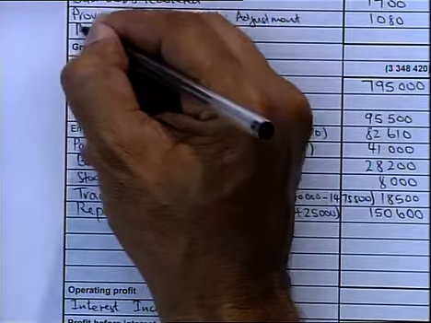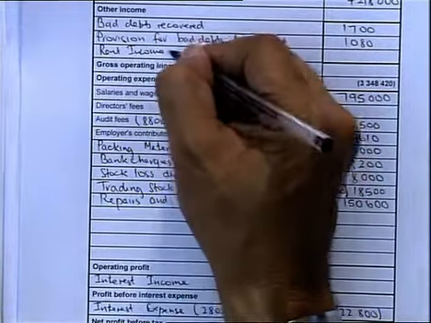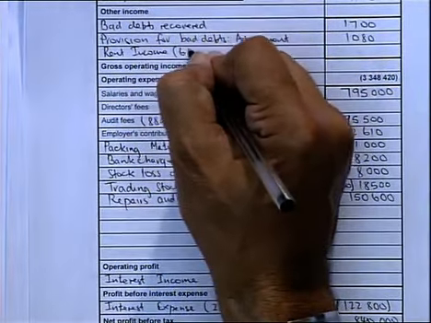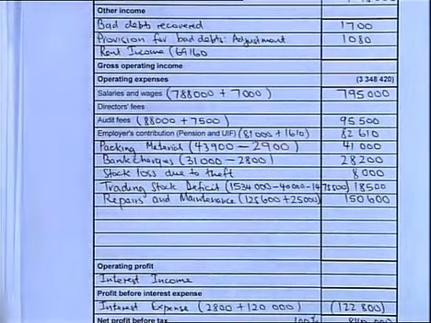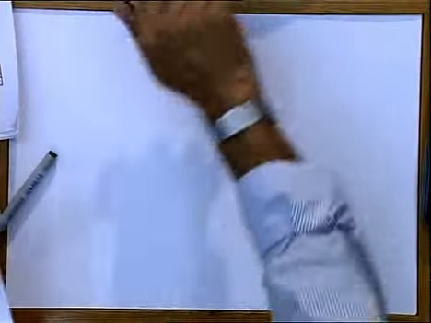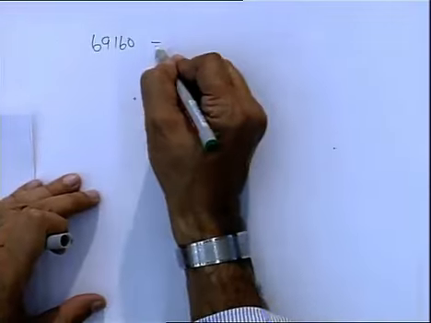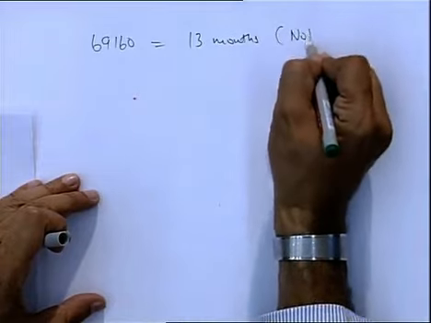Okay, it should be just the rent income. The figure in the trial balance is 69,160. This is a fairly difficult adjustment because it deals with the increase of 10%. The adjustment says 69,160 equals 13 months, but not 13 equal months.